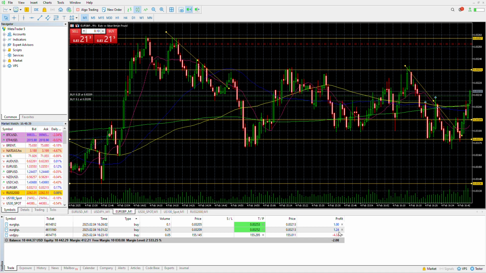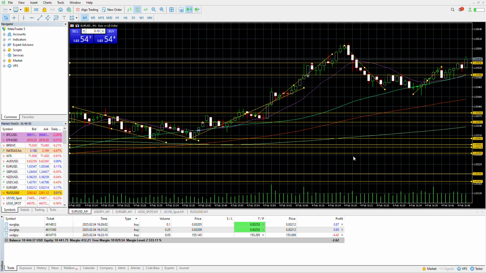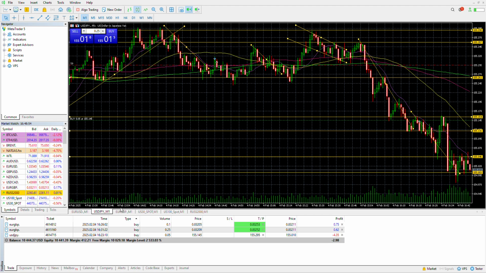This has to outpace this. EG must outpace UJ. Oh, see, that should have been the right one. I would have got it a long time ago.